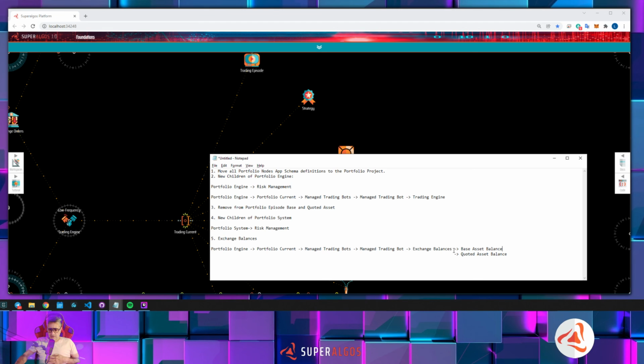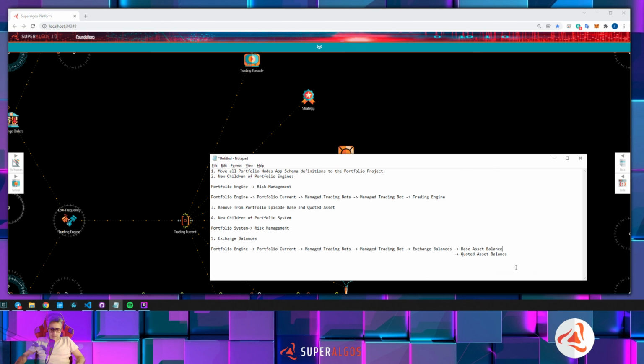So that is something that is also going to be executed previously to opening the window for checking in and checking out, and previous to calculating the risk.